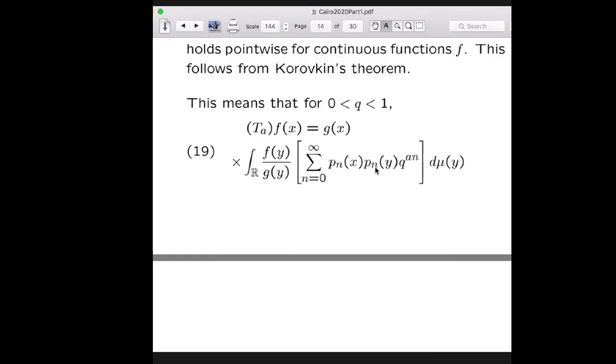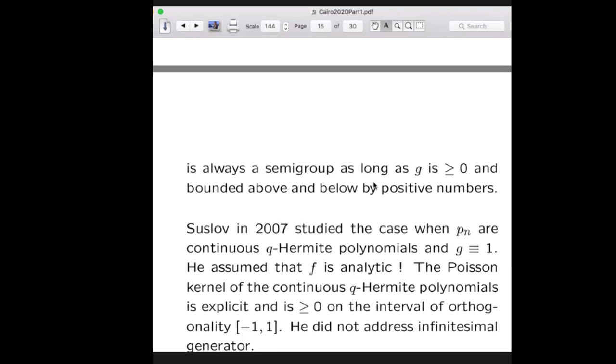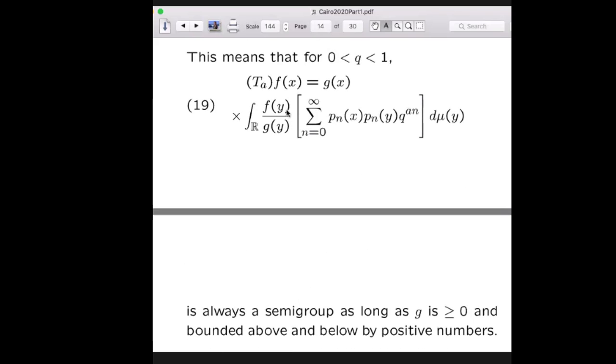Also, he somehow assumed the functions are analytic, these f's, which is really very smooth. When you try to do these things, you usually take just continuous functions, or piecewise continuous or something like that, not something analytic.